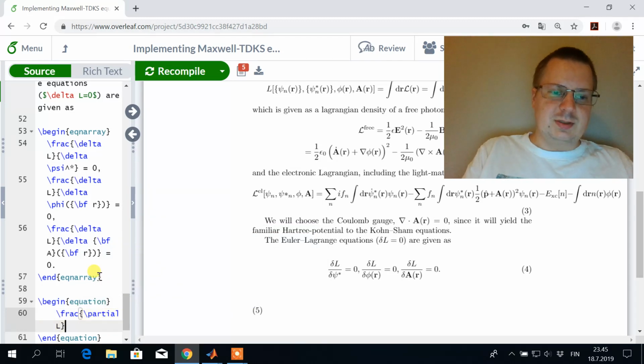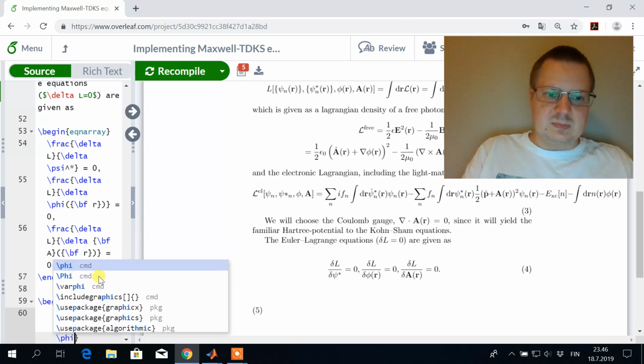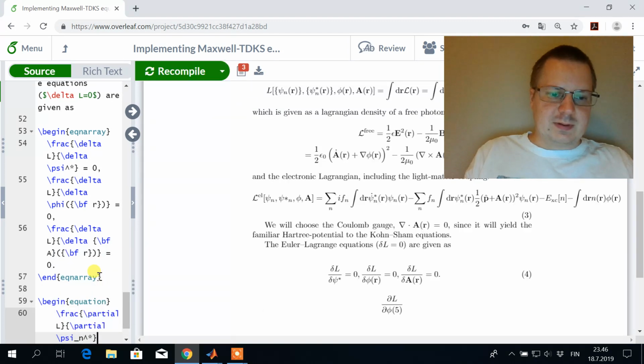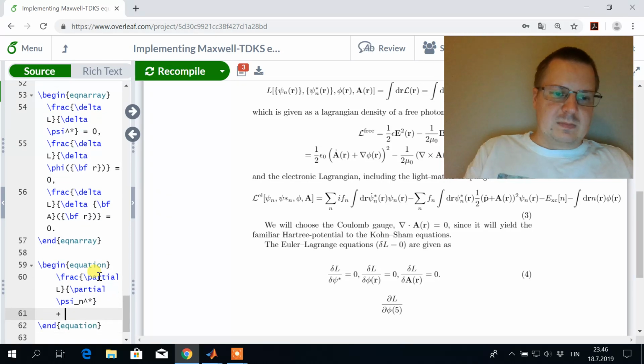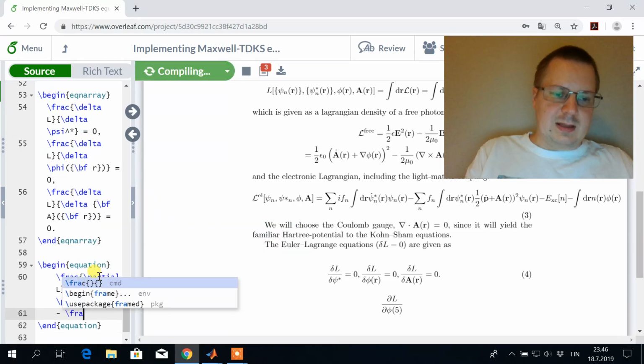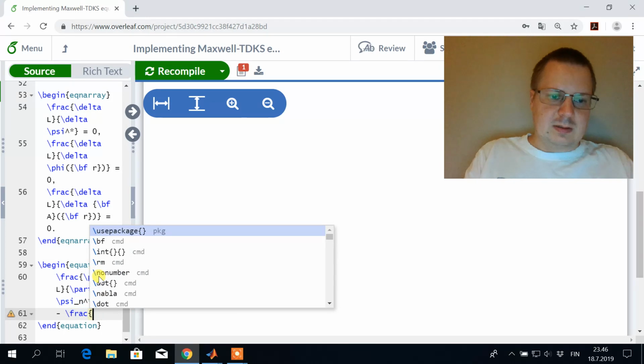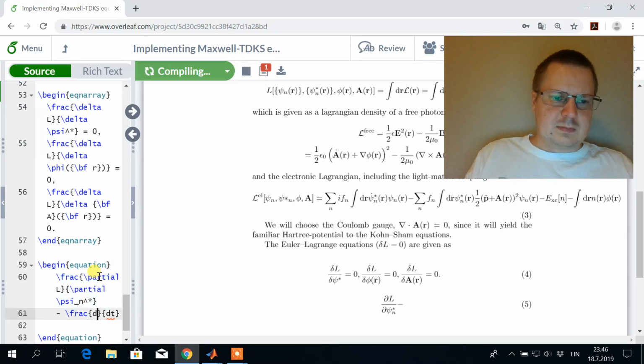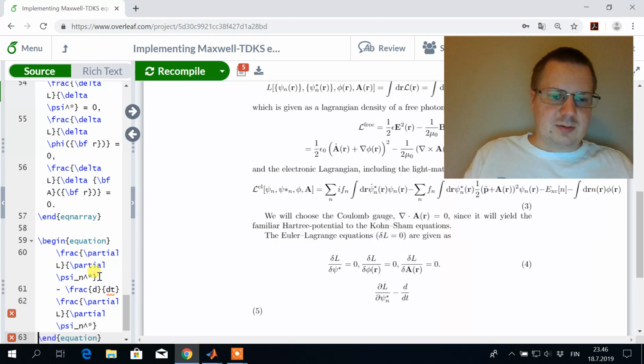that you essentially take partial derivatives of, and then I'm only using the complex conjugate here.